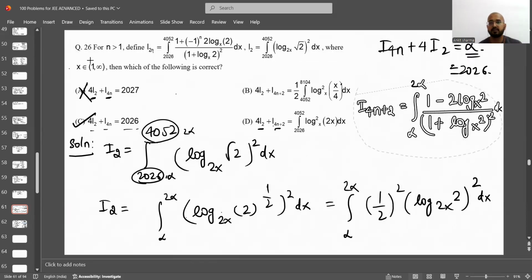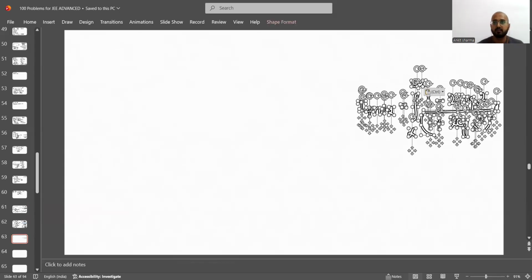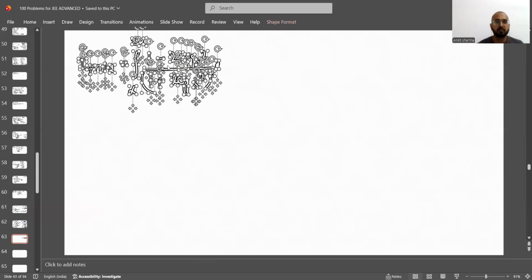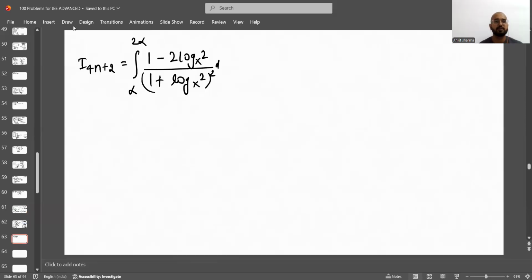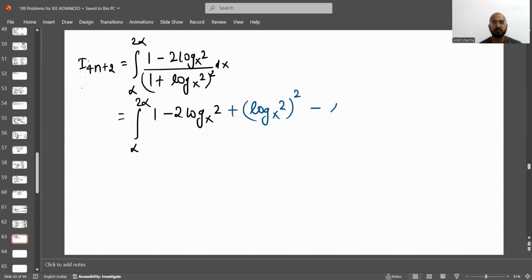Let's consider this thing. So I4n plus 2 is here. Now let's go and simplify. So if we consider alpha to 2 alpha here and then 1 minus 2 log 2 base x, then this is exactly the same. So 1 minus 2 log 2 base x, again we'll perform the same trick. So plus log 2 base x square added and then subtracted also.